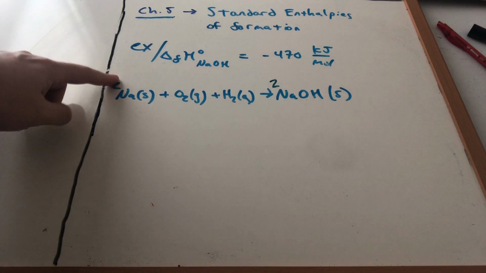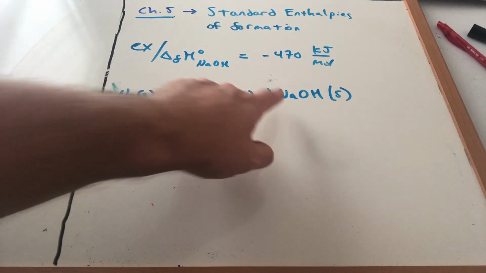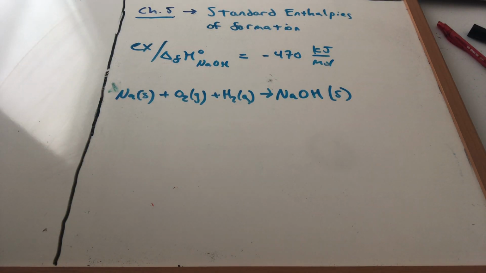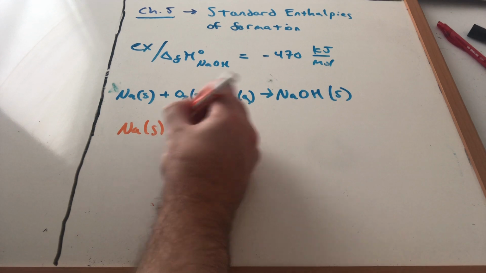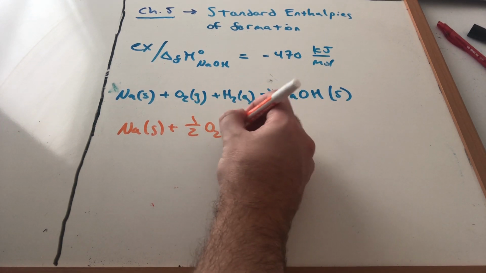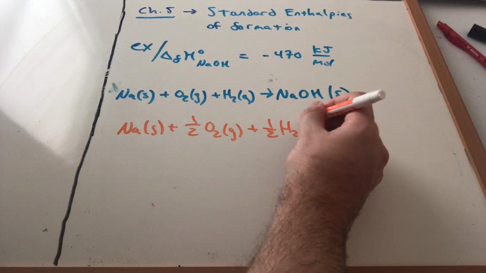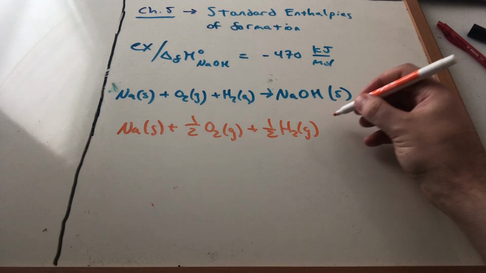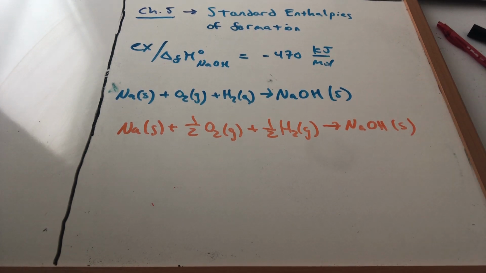I'm going to divide through by 2 to make sure that there's just a 1 in front of this. So what I have for the final formation reaction is Na solid plus 1/2 O2 gas plus 1/2 H2 gas yields NaOH solid.